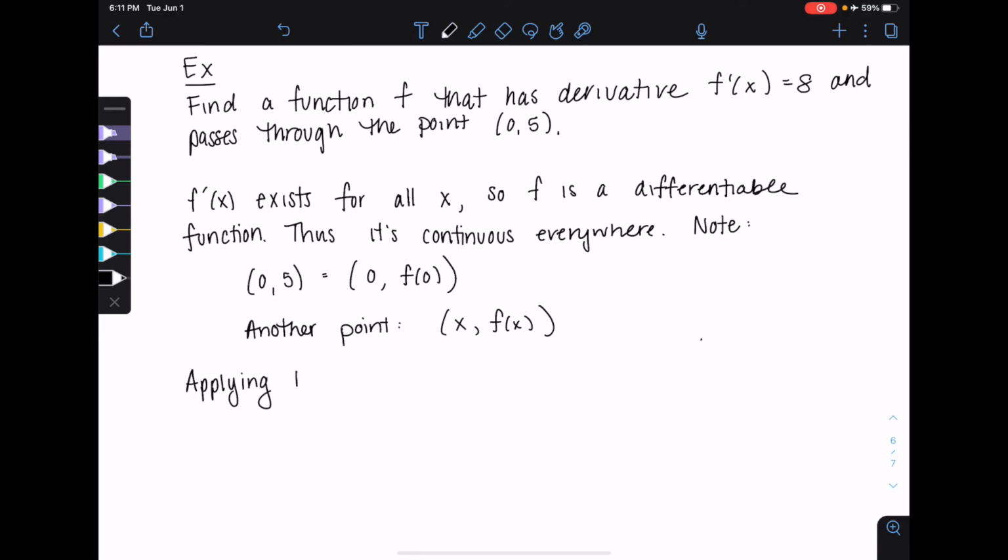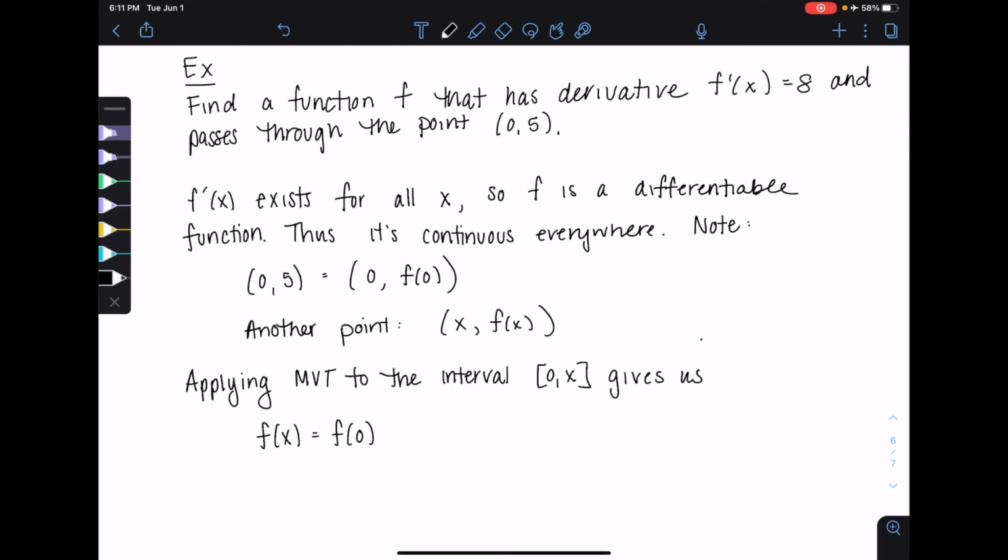Applying mean value theorem to the interval 0 to x, using the second form, f of x equals f of 0 plus f prime of c times x minus 0.